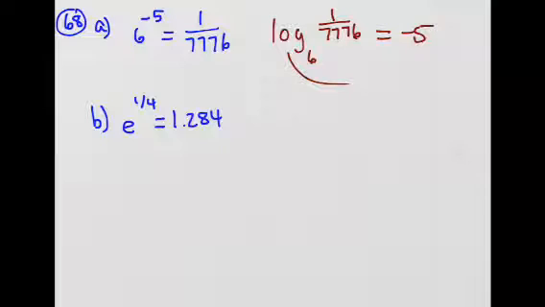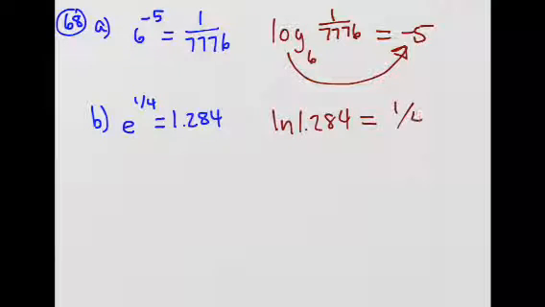Remember, on the other side of the log, that's always going to be your exponent. Okay, so for b, the base is e, so we're going to say natural log of 1.284 equals the exponent. On the other side of the log is the exponent, always.